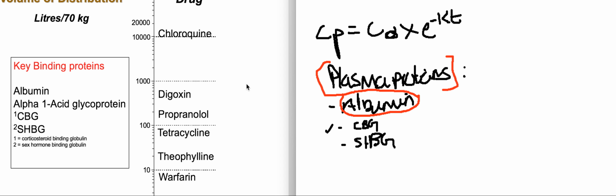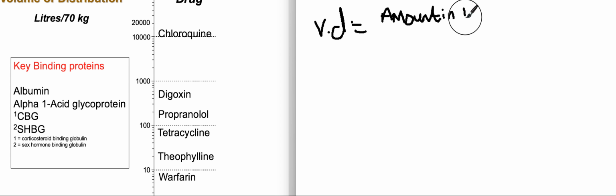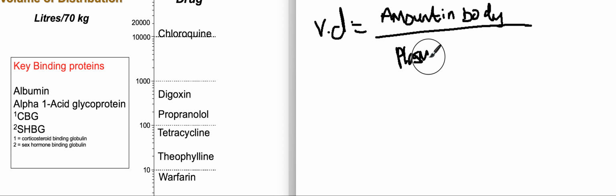So what this means is, if I get rid of that, so you know initially VD is equal to amount in body divided by plasma or blood concentration.